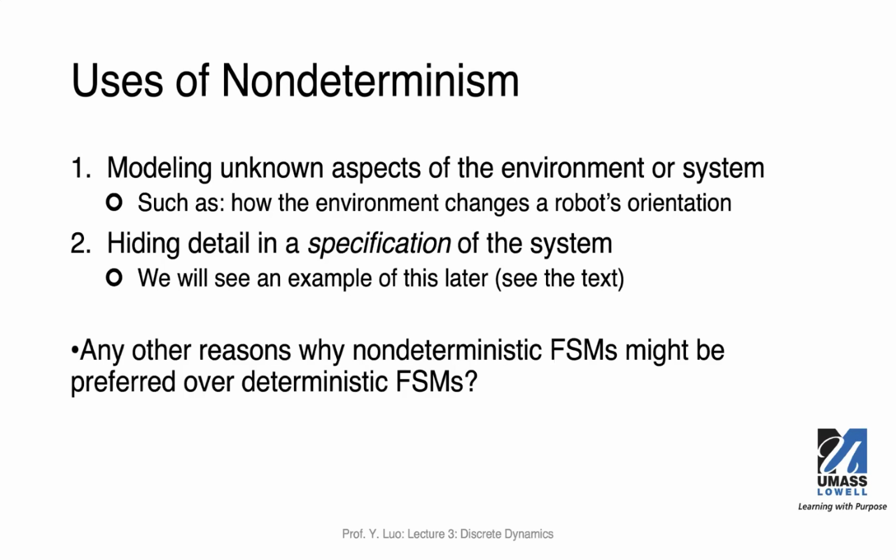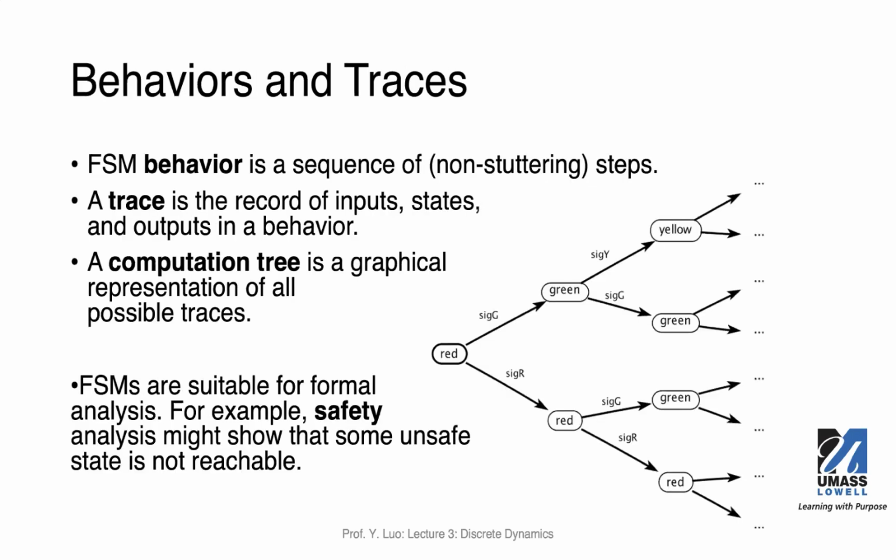Another reason why a non-deterministic finite state machine is preferred over a deterministic finite state machine is because of the size of the states. When we describe a finite state machine, we can use graphical notations or mathematical notations.